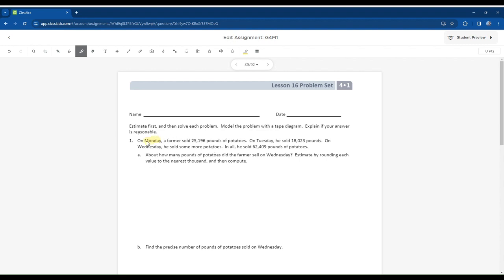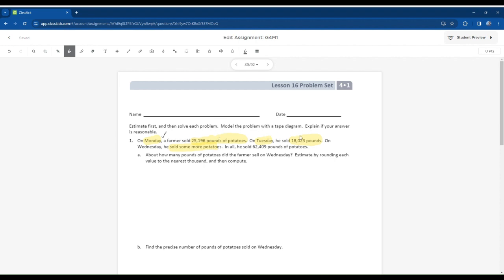It says, on Monday, a farmer sold 25,196 pounds of potatoes. On Tuesday, he sold 18,023 pounds. And on Wednesday, he sold some more potatoes. So when I read that, what I realize is we know how many pounds were sold on Monday.